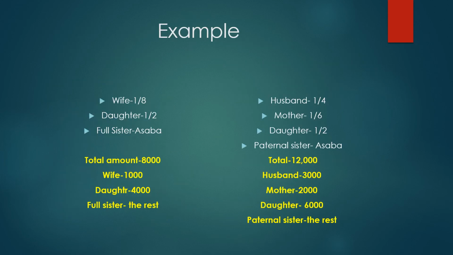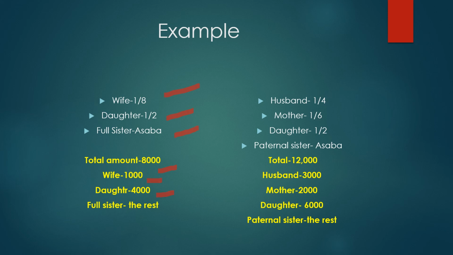Just an example, please check it. A person passed away. He got a wife, a daughter and a full sister. So the wife will get 1 by 8, the daughter 1 by 2, and the full sister will be asaba. How is she asaba? Check it. Total amount is 8,000. So the wife will get 1/8, that is 1,000. The daughter will get half, that is 4,000.